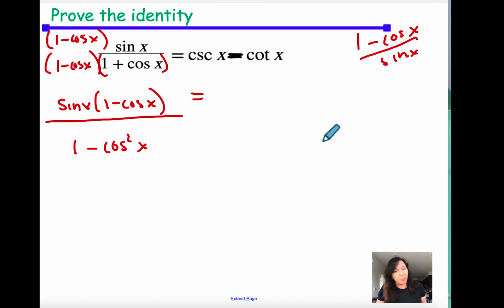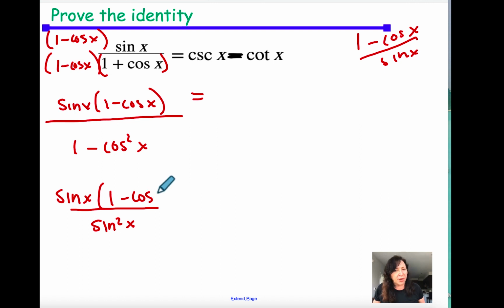And remember our Pythagorean identity, 1 minus cosine squared of x is equal to sine squared of x. Okay, and so I'm going to leave this sine of x here, and this is 1 minus cosine of x, okay?